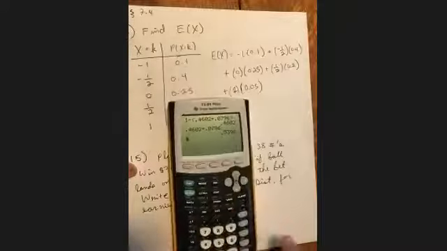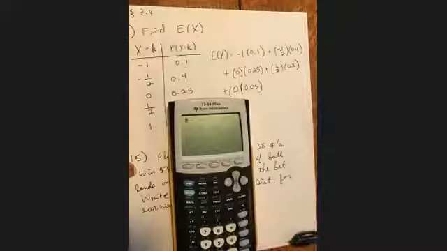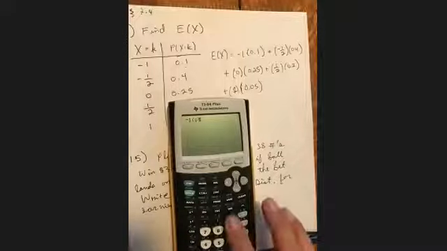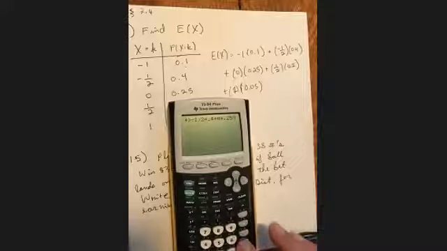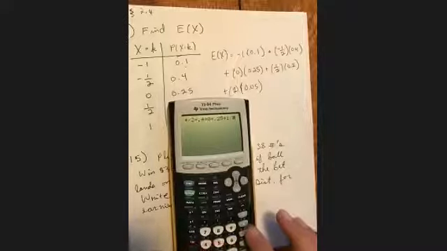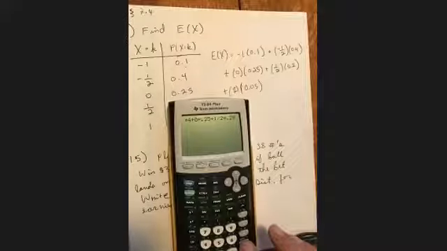So let's do it. So -1 times 0.1 minus 0.5 times 0.4 plus 0 times 0.25 plus 0.5 times 0.2 plus 1 times 0.05.